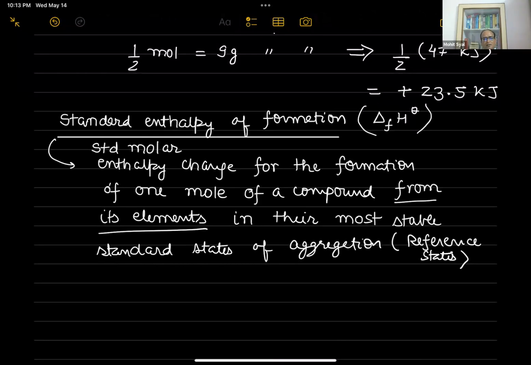You can write molar because it is for 1 mole. Is it clear or not? You put a subscript f. So let me give you an example.